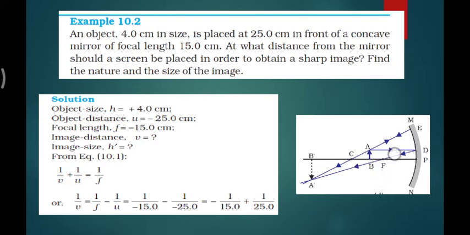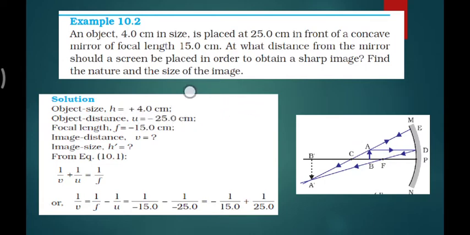Regarding the ray diagram, from where to where the rays go and the image formation, we will calculate and understand accordingly. So now f is known, u is known, h is known. What we have to find is at what distance from the mirror the image is formed, so we have to find v, and the nature and size of the image at the end.